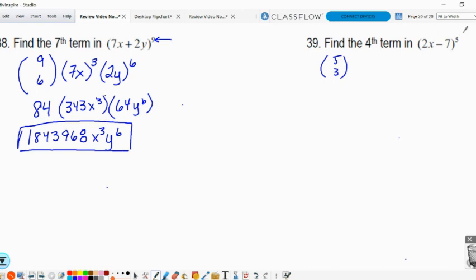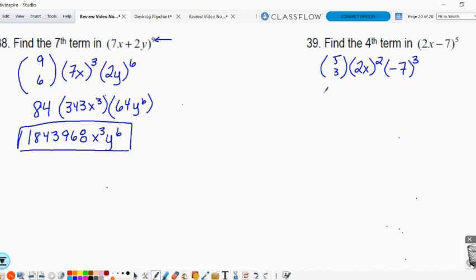We would start with 2x to the fifth power, but we're all the way down to the fourth term, so let's count down 4 times. 5, 4, 3, 2. So in the fourth term of 2x minus 7 to the fifth power, 2x would be squared. We know our exponents must sum to 5, so that would mean negative 7 is going to be raised to the third power. 2 plus 3 is 5.